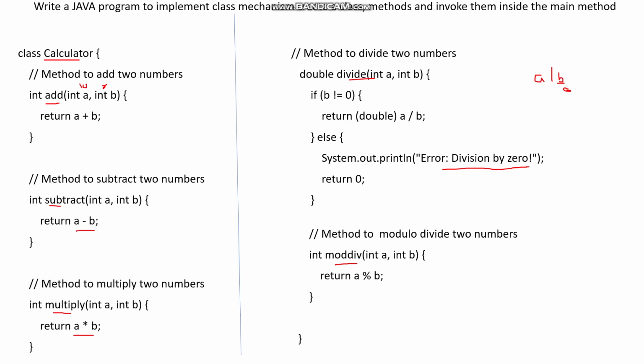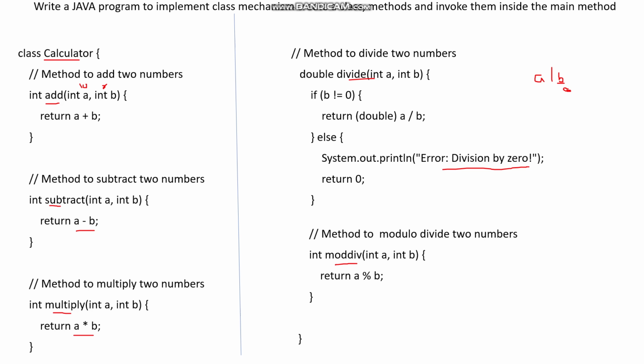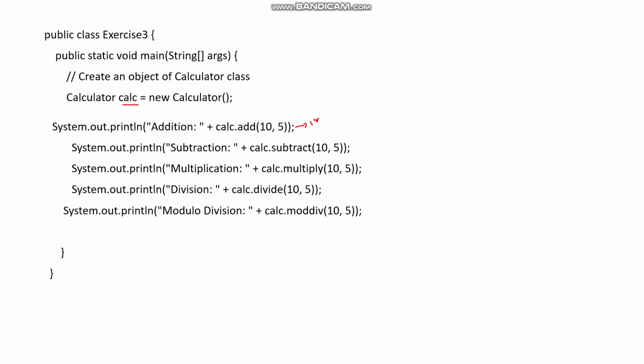Return 10 plus 5, the value is 15, so in this place we will get the answer as 15. Next, System.out.println subtraction plus calc dot subtract means we are going to the subtract method, and it is passing the data as 10 and 5 here. The a value is 10, the b value is 5. And here what is the code? Return a minus b. 10 minus 5, the value is 5. In this place we will get the answer as 5.